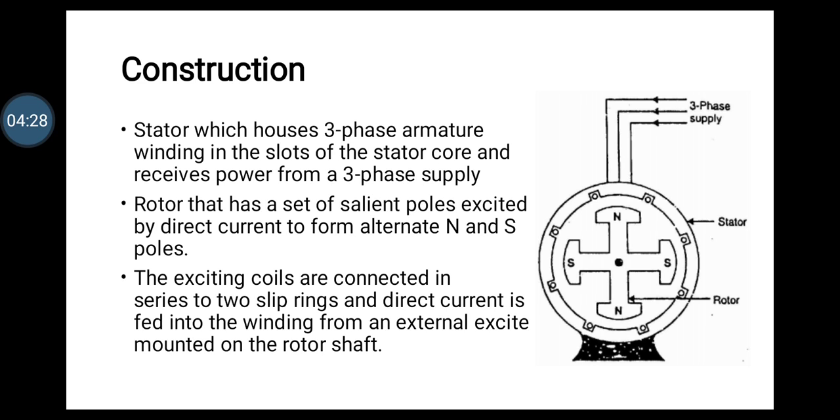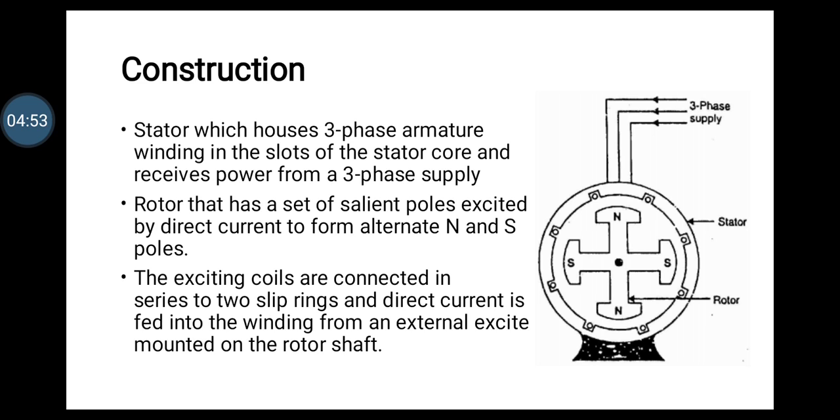As in the case of an induction motor, the number of poles determines the synchronous speed of the motor. Similarly, for this motor also the synchronous speed is decided by the formula Ns equal to 120 f by P, where f is the frequency and P is the number of poles.